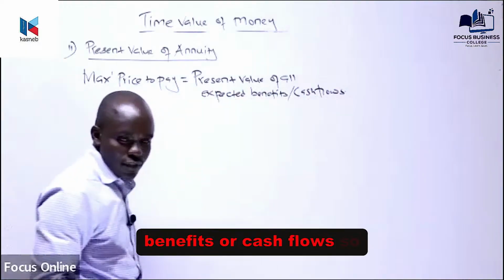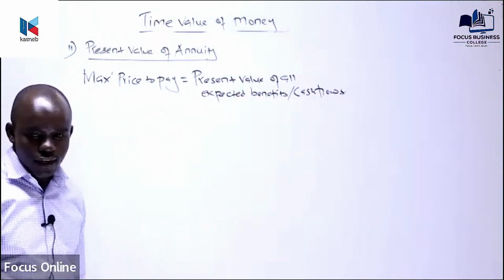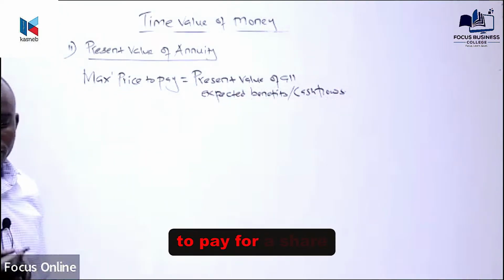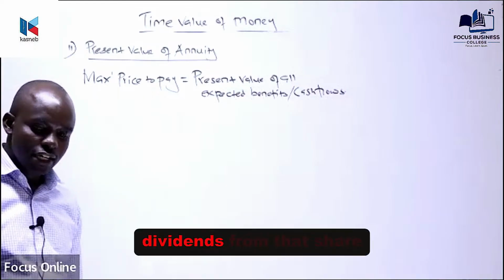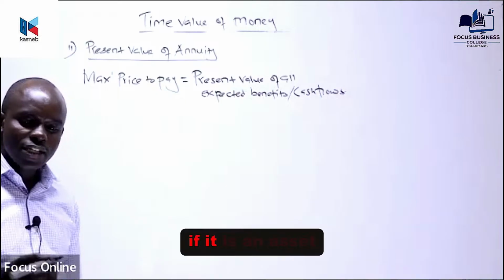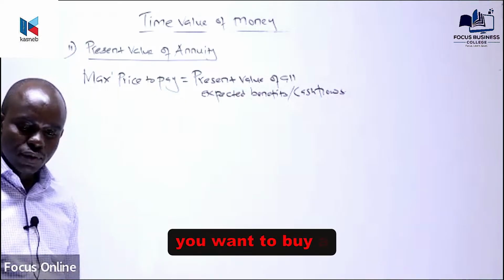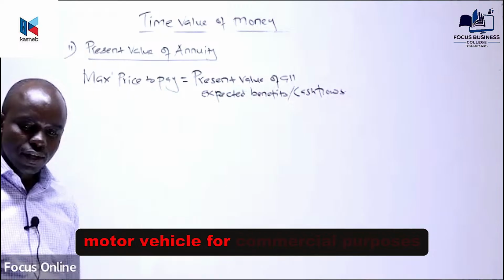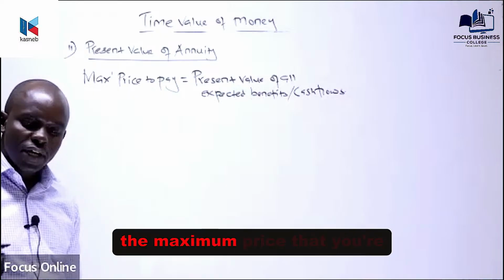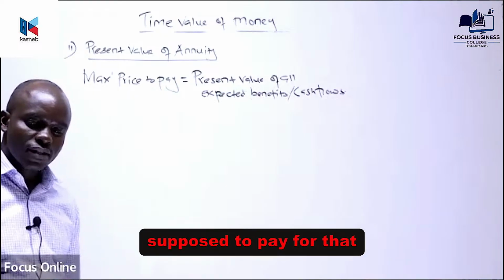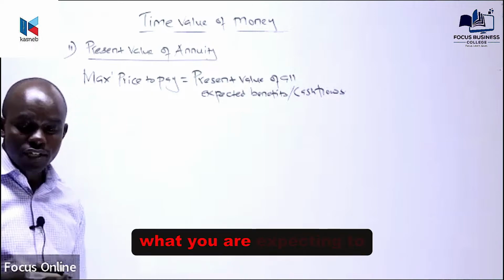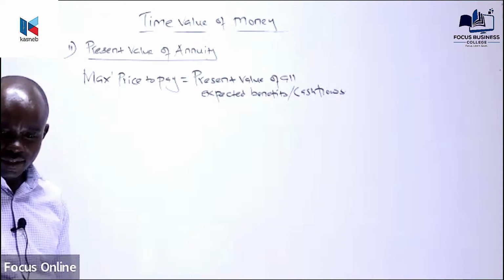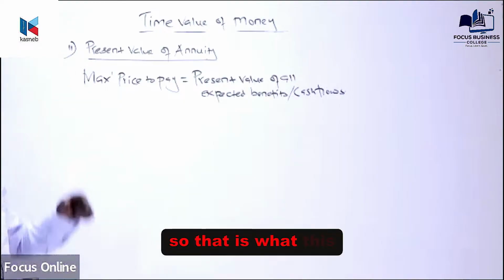So if it's a share, the maximum price to pay for a share is the present value of all expected dividends from that share. If it is an asset, for example, you want to buy a motor vehicle for commercial purposes, the maximum price that you're supposed to pay for that motor vehicle is the present value of all that you're expecting to earn from it. So that is what this question says.